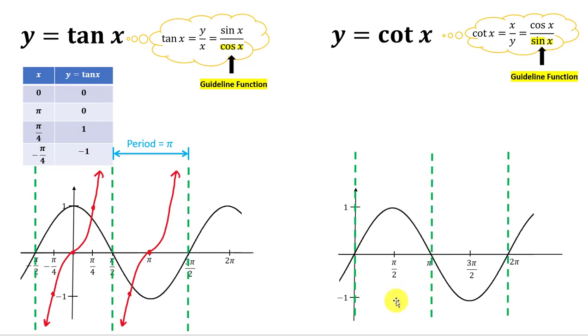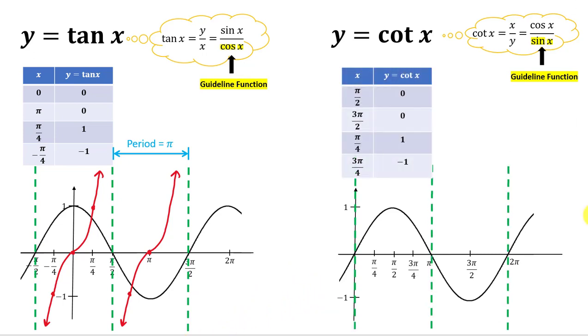I can already give you a hint that the shape of the graph of the cotangent function is going to be similar to the shape of the graph of the tangent function. Well, with one difference. So let's find a few points. First of all, in between the asymptotes at pi over 2 and 3 pi over 2, cotangent values are zeros.